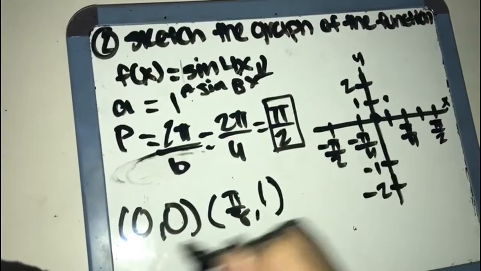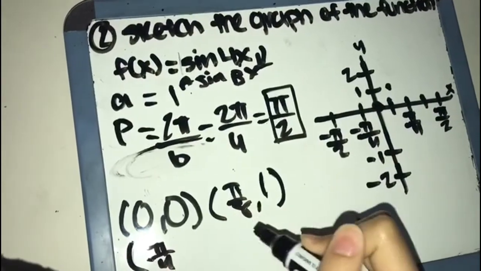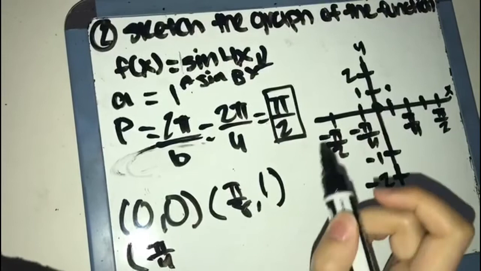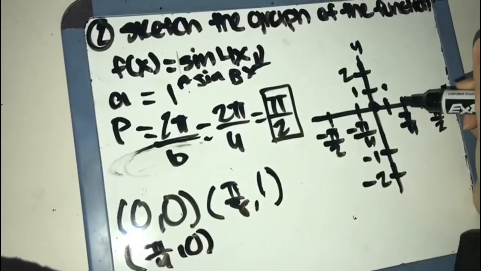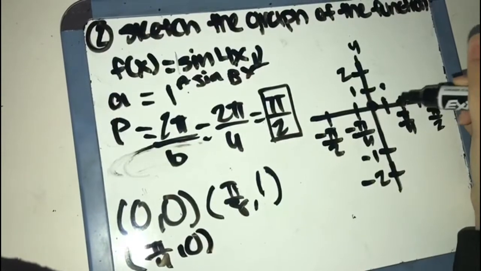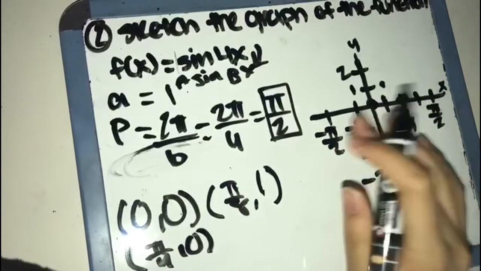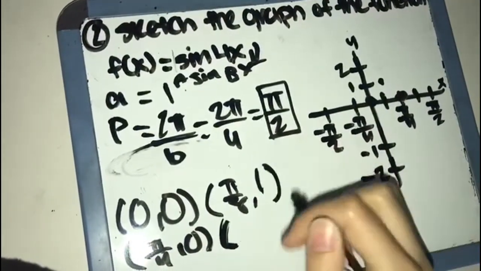Now the next point, let's do pi over 4. Substitute x with pi over 4, which would equal 0, and it goes right over here. I'll show you what it looks like on both sides in a minute.